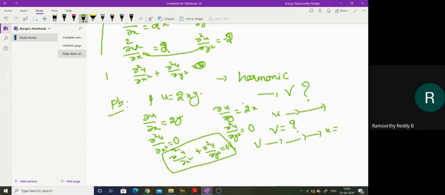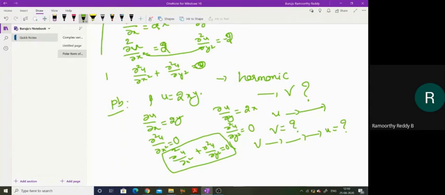That means in the next class we will do harmonic conjugates. CR equations are very important, with their problems, right? Then the polar form. The first inequality is also very important: dou square u by dou x square plus dou square u by dou y square of modulus of f dash of z whole square equals 4 times. That is very important, right?